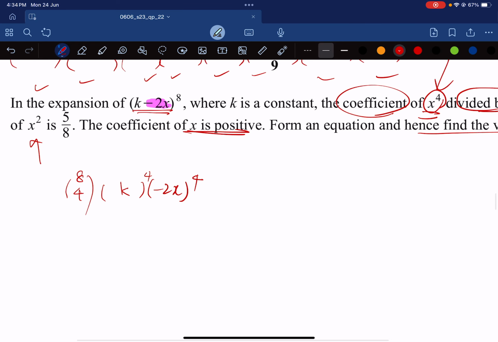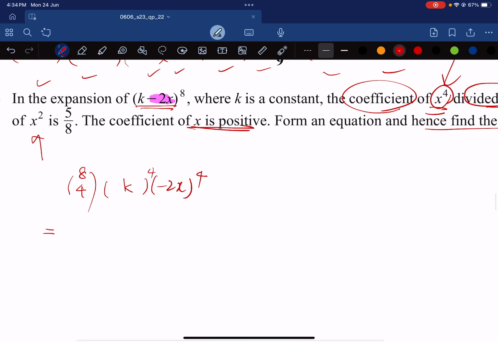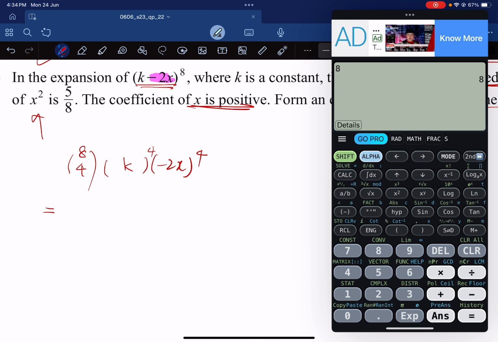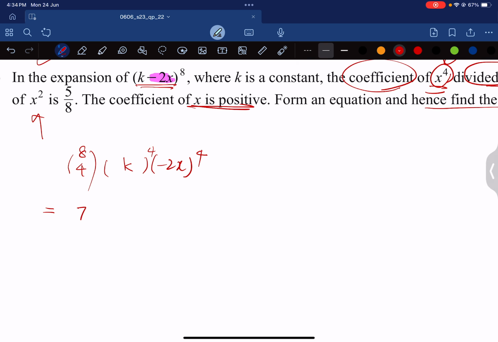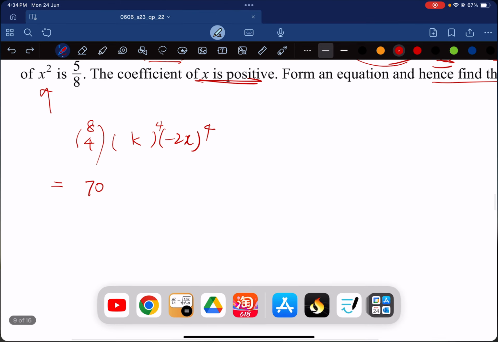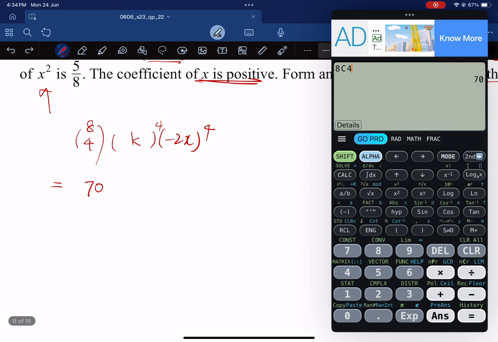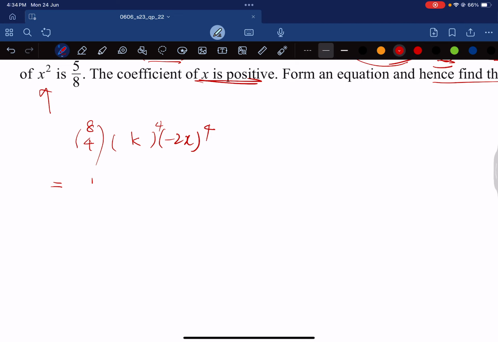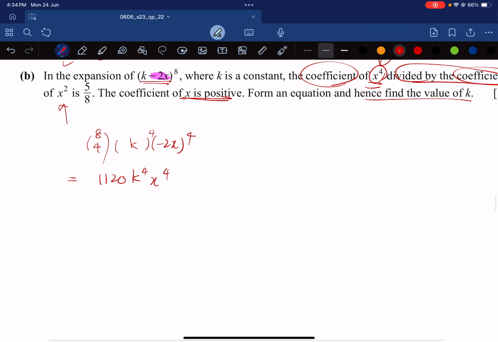So let's see, this would be 8 choose 4. What is this? 8 choose 4 is 70. So 70 k to the power 4, times 16, 70 times 16. So 1120 k to the power 4, x to the power 4. And then x squared means that's the second term.